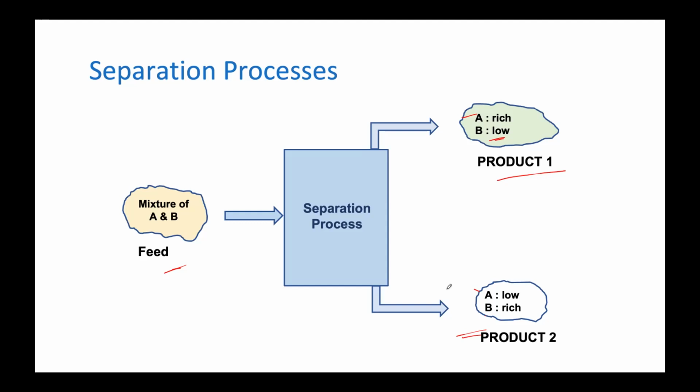So also for example, we have a mixture of A and B. With the separation process, there would be a product that is rich in A, and B is very low, or it can be an impurity. And the second one is maybe the A, which is just the impurity, and the product B. So it can be separated as A and B, but with still a little bit of impurities. So how much impurity do you want to have? Of course, it depends on the technology later.